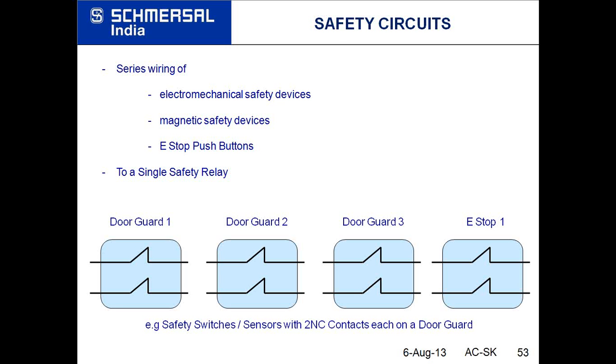But nowadays there are many intelligent safety devices available in the market which can be put in series with a single safety relay, and you can achieve performance level E or control category 4. But for all electromechanical devices, you cannot achieve performance level E if you have wired them in series.